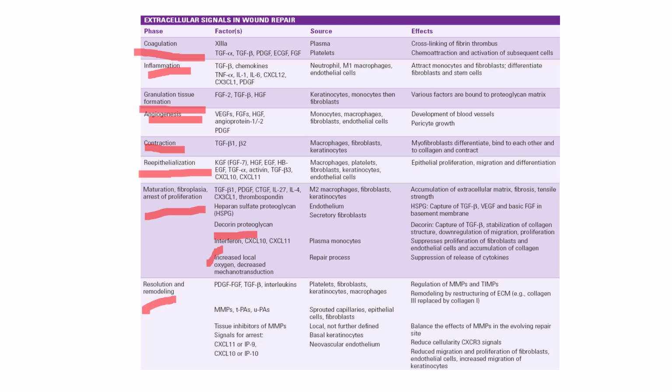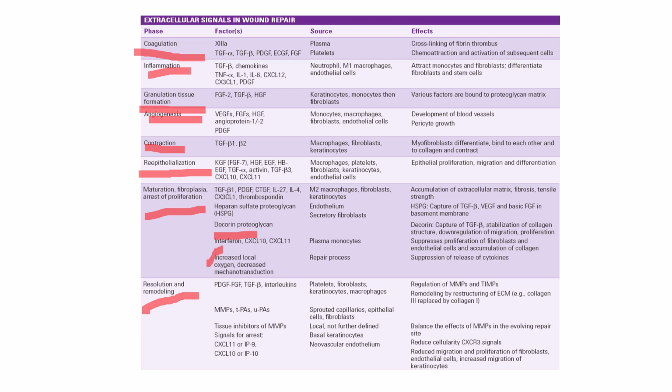Finally, there is a resolution and remodeling that requires PDGF, FGF, TGF-beta, interleukins, MMP, tissue plasminogen activator, urokinase plasminogen activator, and tissue inhibitors of metalloproteinases, and these are derived from platelets and fibroblasts, keratinocyte, macrophages, and endothelial cells.